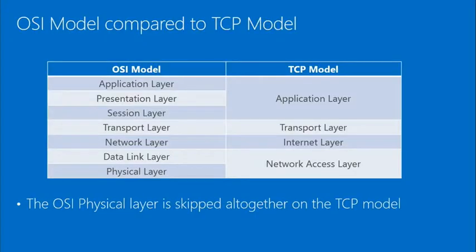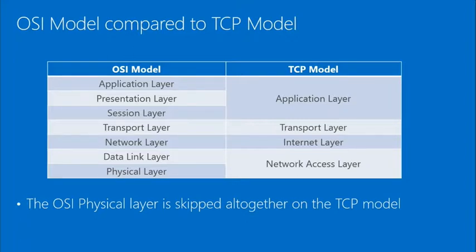Let's take a look at the OSI model compared to the TCP model. Again, you see here the OSI model has 7 layers, the TCP model has 4 layers. The application layer in the TCP model is equivalent to the application, presentation, and session layers in the OSI model. Transport layers are equivalent.